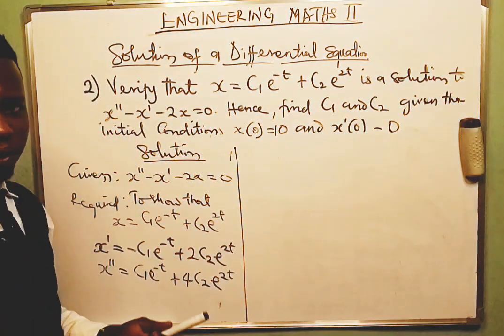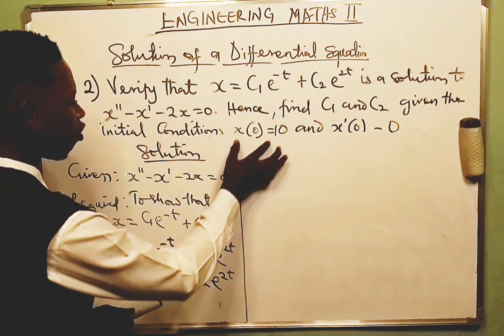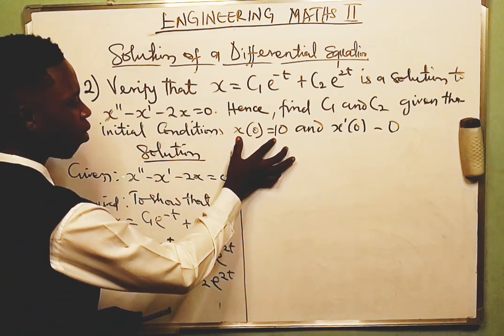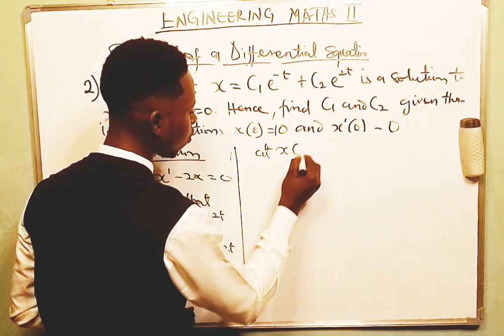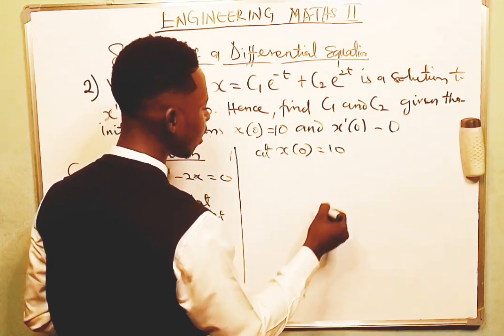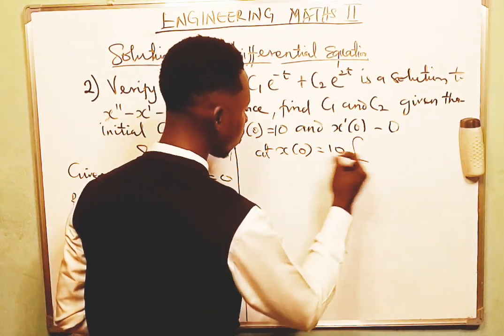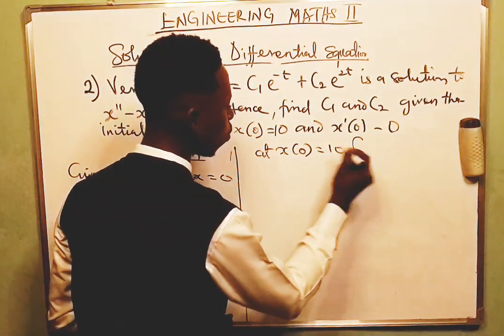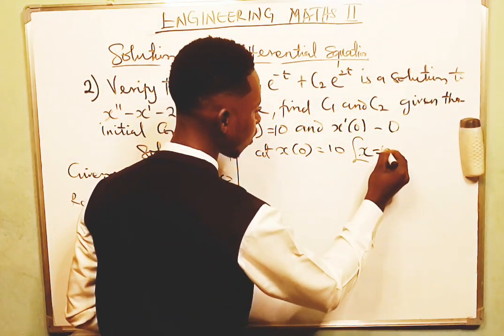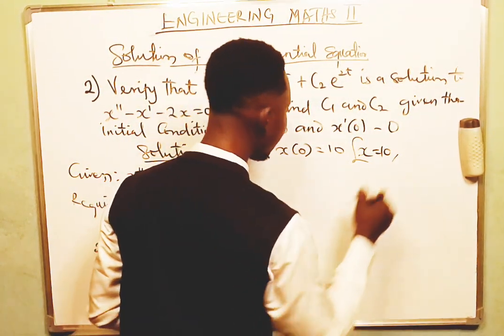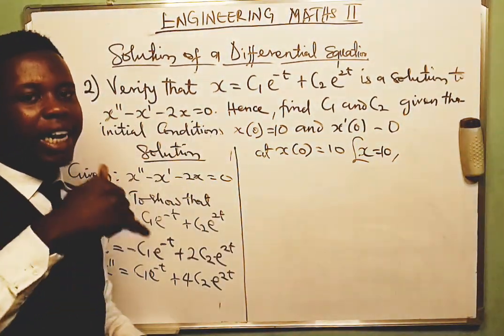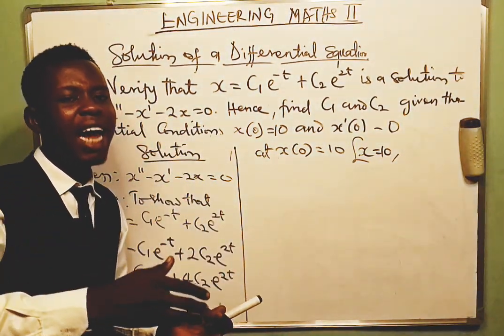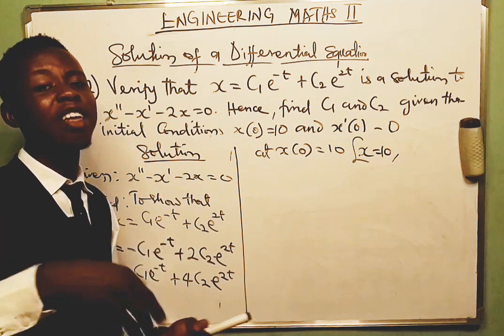Now let us observe from our first initial condition, x of 0. At x of 0 equal to 10, this should tell you that x is equal to 10. And whenever you see something in a bracket, that is the function that x is differentiating with respect to.